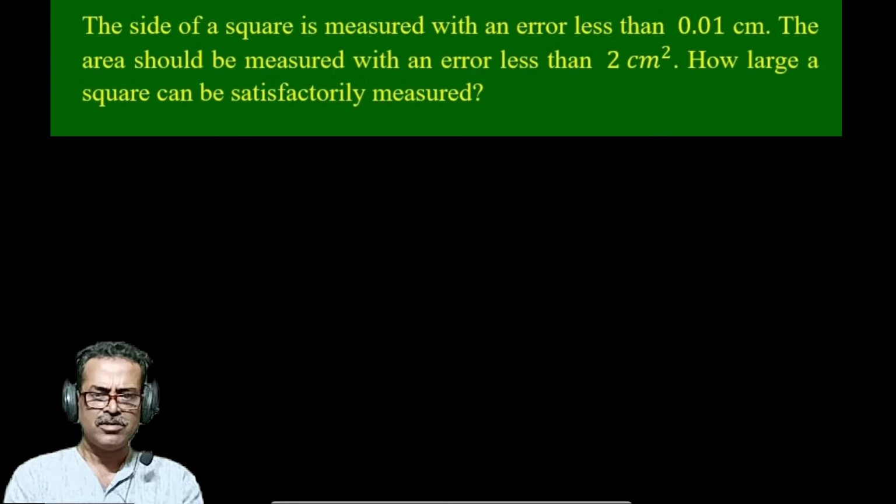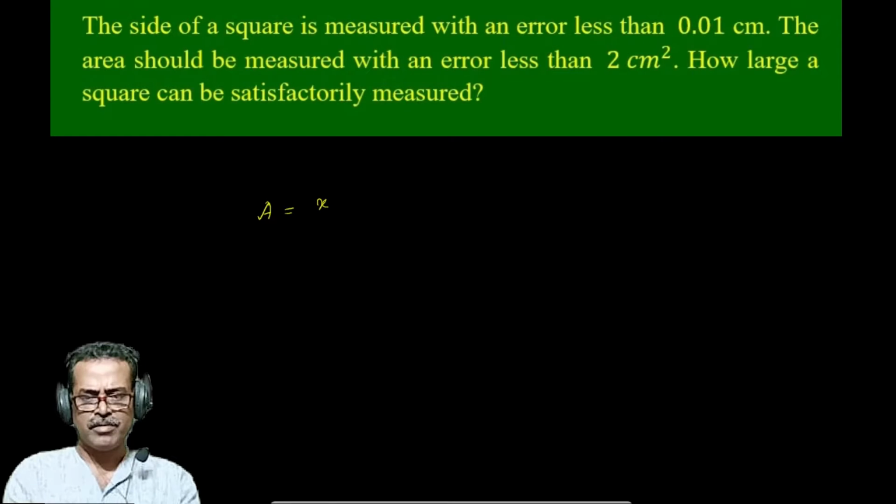The area should be measured with an error less than 2 square centimeter. How large a square can be satisfactorily measured? So area is equal to x square. So dA is equal to twice x dx.